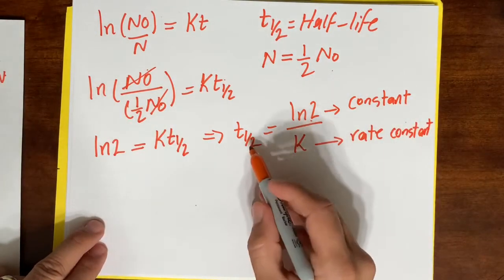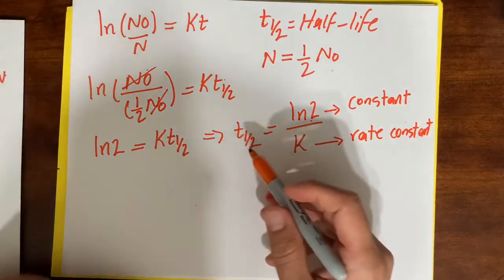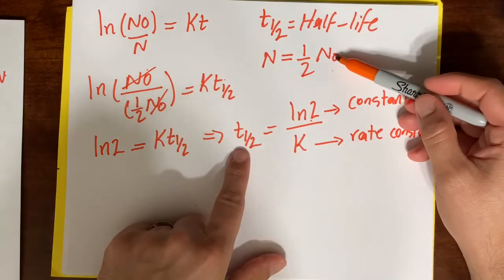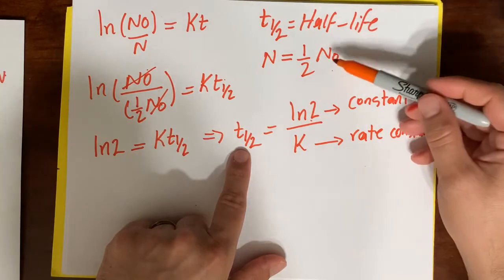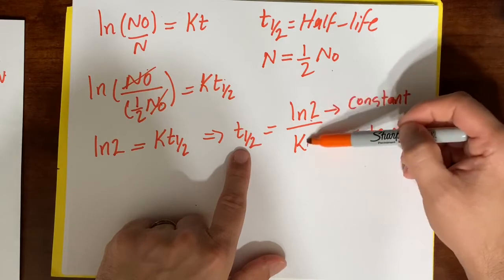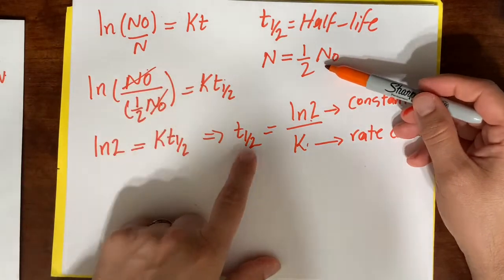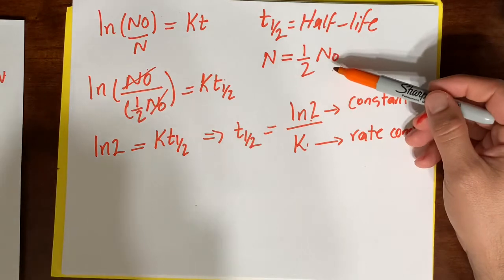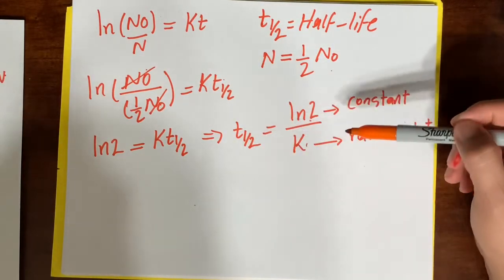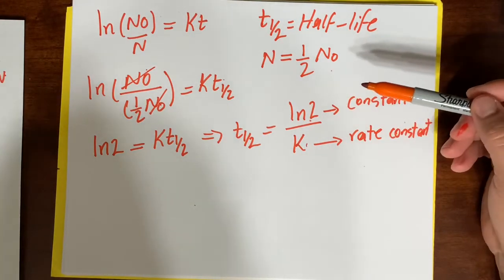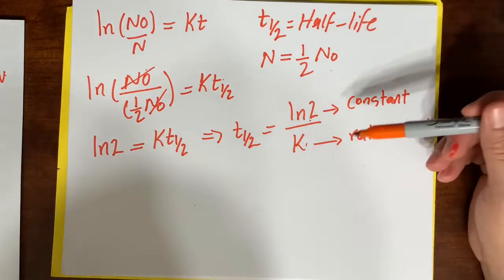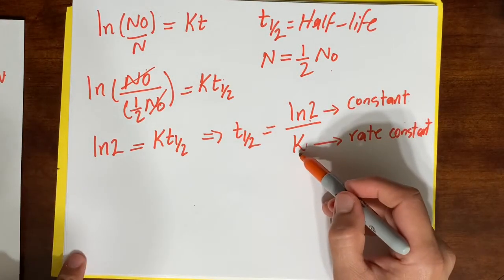So that means the half-life, or the time that you need to spend to drop the concentration, or number of atoms or molecules, to half of the initial one, is not subject to the initial concentration. It doesn't matter whether you start with 2 or 3 atoms or a million of them. Half-life is going to be the same for both, because ln of 2 is a constant number divided by a constant number, and it depends on the unit of k.